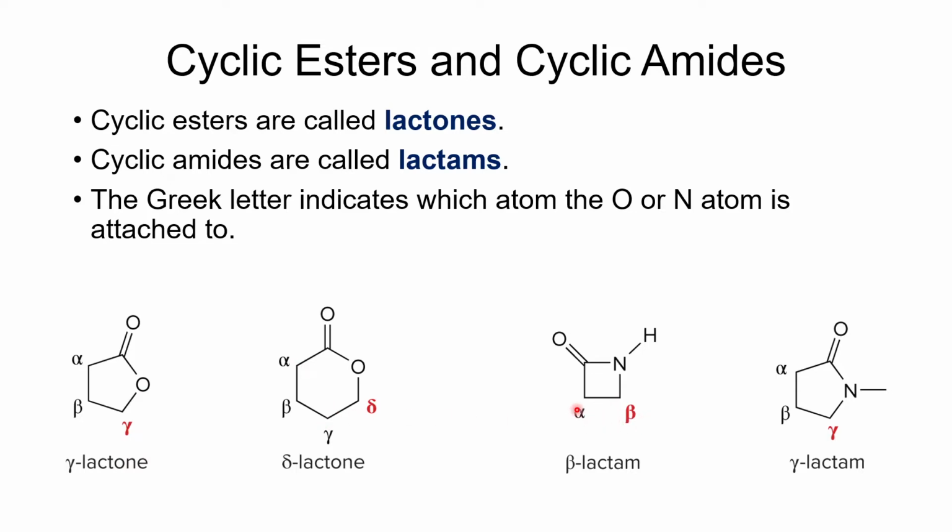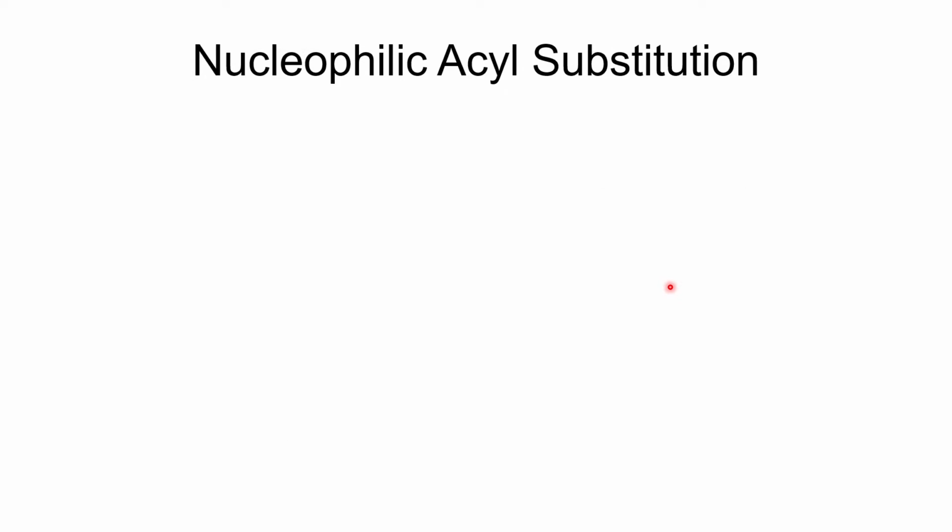If it's the lactam, here we've got 2. This is a strange system and kind of unusual, but that's a beta lactam, and as I mentioned, it's very structurally important for antibiotics. And then this gamma lactam has a 5-membered ring. There's 3 carbons in between the carbonyl and the nitrogen.